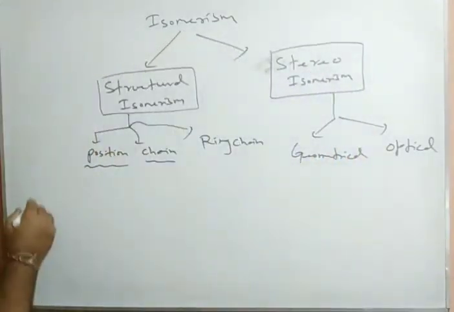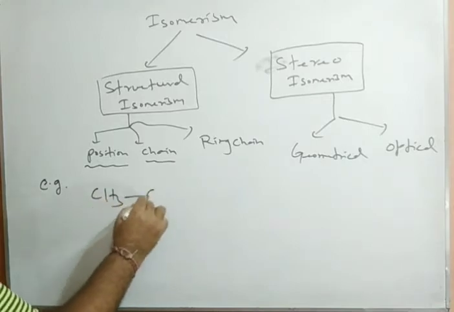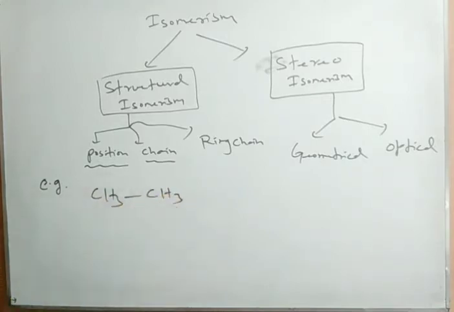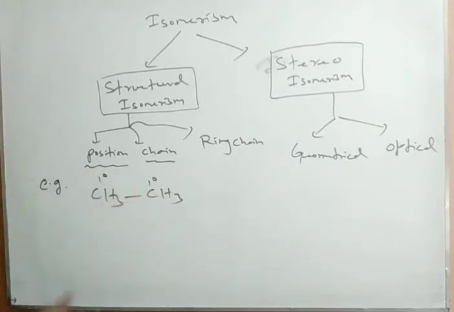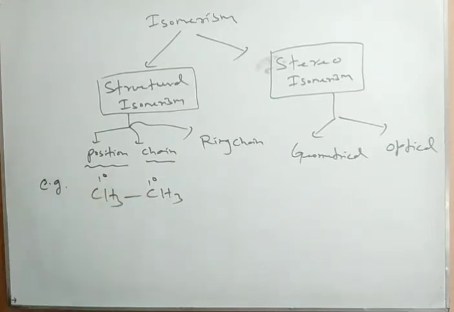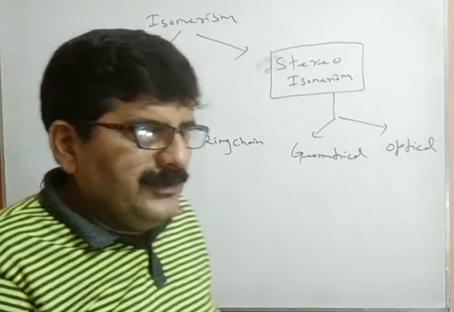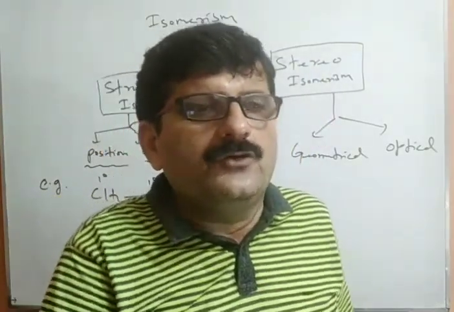Suppose you have been given this compound. Here only one type of degree is present, that is carbon 1 degree. The hydrogen atom linked with 1 degree carbon is known as what? 1 degree hydrogen atom.